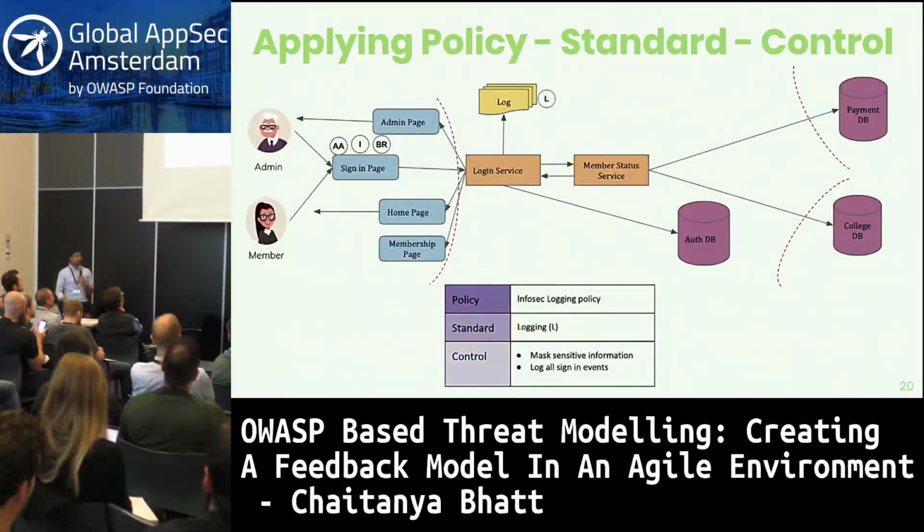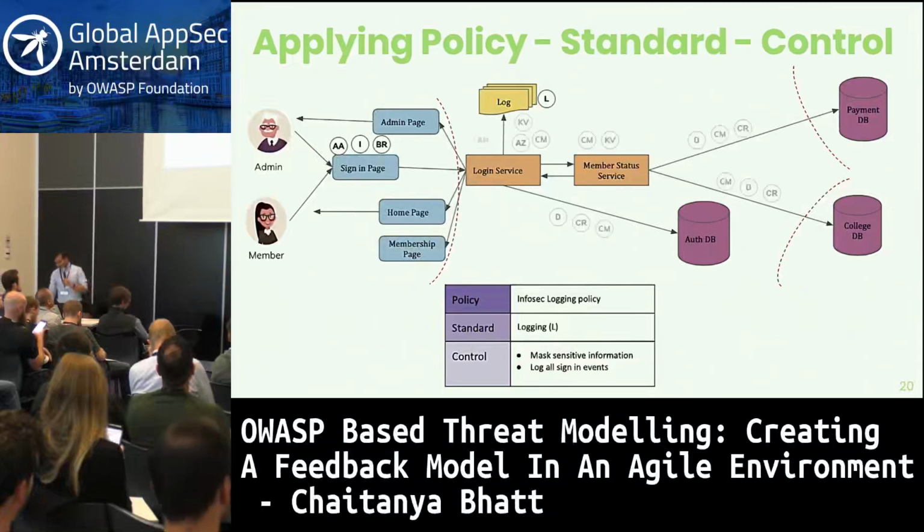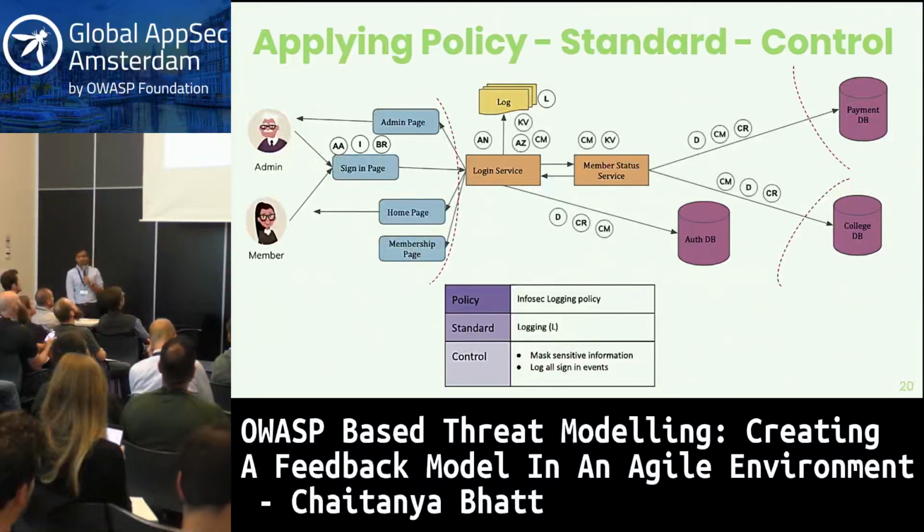Next is log. Of course, you don't want to log any sensitive information, but if you do, you have to make sure you mask it, right? You want to log all the sign-in attempts that have been made just for your auditing purposes, and so on and so forth. I'll just quickly add the rest of the components, all the rest of the standards, and it would look something like this, right?